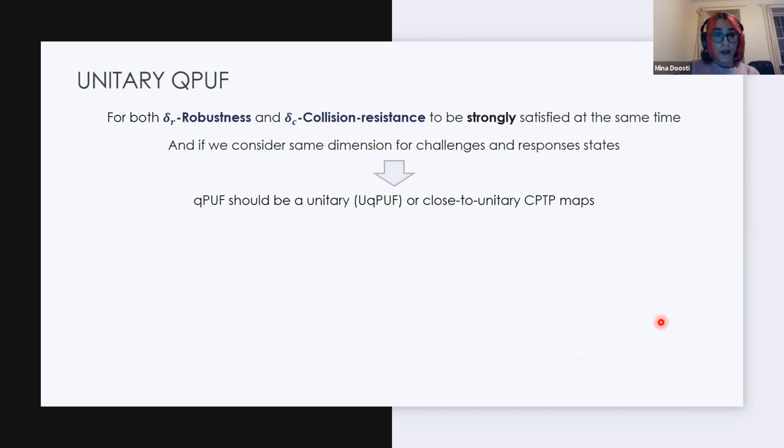Now, if you look at the requirements that I just told you, it's not hard to see that if you want robustness and collision resistance to both be satisfied strongly, and by strongly I mean that you want to keep the same distance between two outputs as between the two challenges, for all degrees of delta C, then your map needs to preserve the distance, which means that it should be a unitary or very close to unitary.